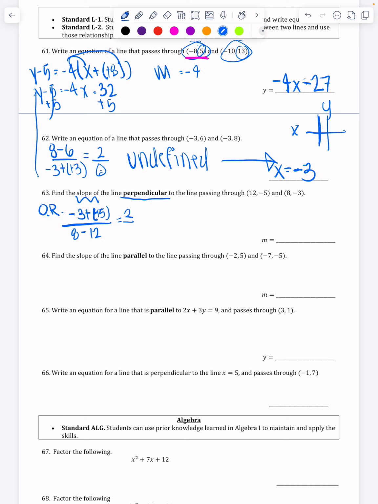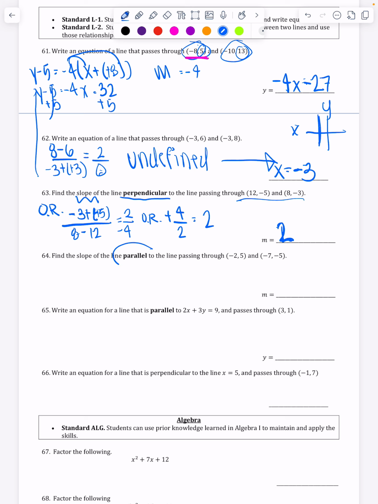And then I have 8 minus 12, which would give me a -4. Well, I've got to make it my opposite reciprocal to be perpendicular, so I'm going to make it a positive, and then flip it to 4/2, which actually just reduces down to 2. So my slope perpendicular to these 2 points would be a positive 2.